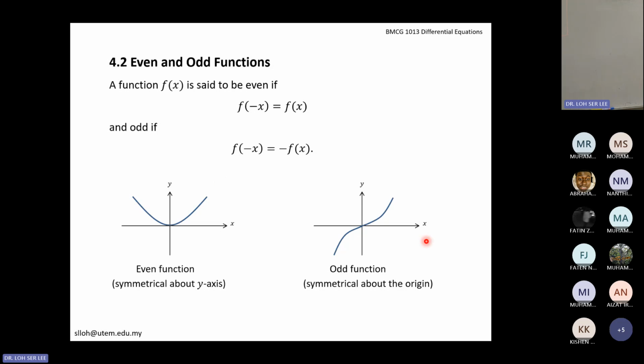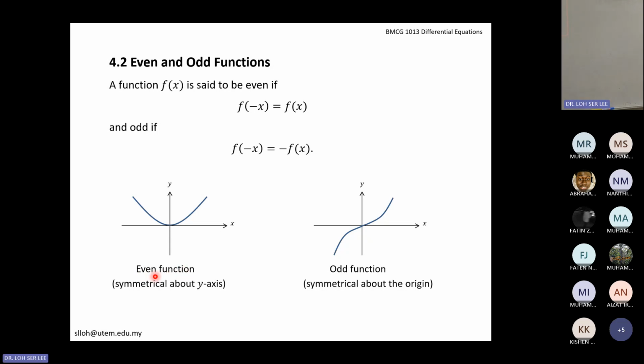The second method involves sketching of the graph. We start with the sketching of graph method. When you sketch your function and find that it is symmetrical about the y-axis, then that function is an even function.